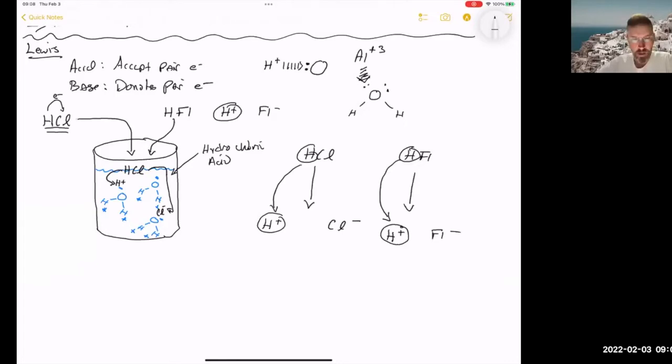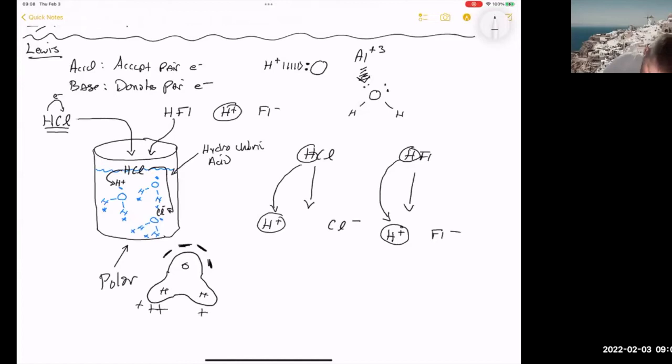Okay, yeah. And this drawing here is explaining why that happens. Because remember, yesterday we said that water is a polar molecule, right? So the H2O molecule kind of looks like this. The oxygen part of the molecule is more negatively charged, and the hydrogen part is more positively charged.